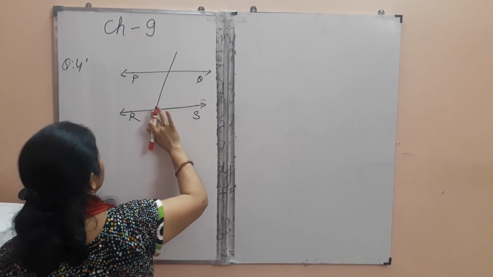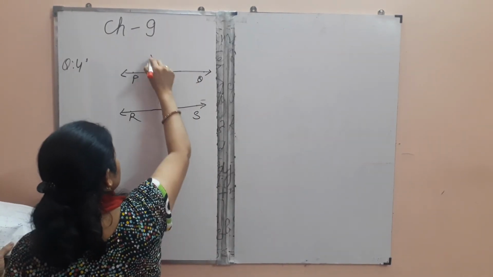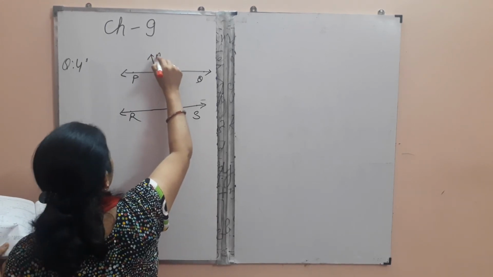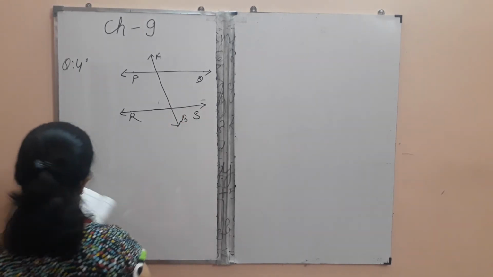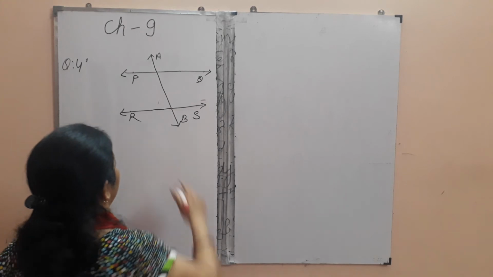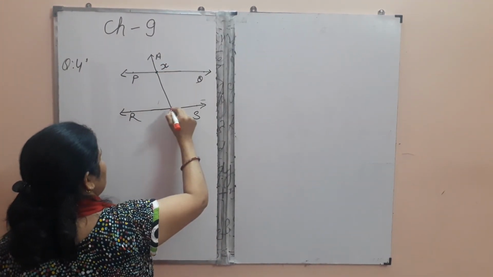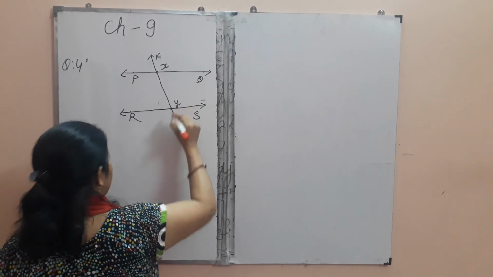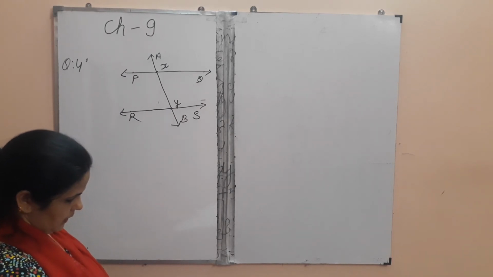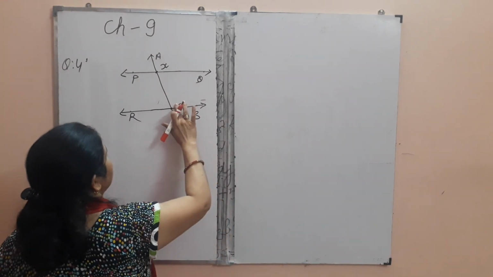Sorry, in the diagram it is drawn on the opposite side. So this AB is a transversal, intersecting both the parallel lines at points X and Y. And angle XYS is 100 degrees.